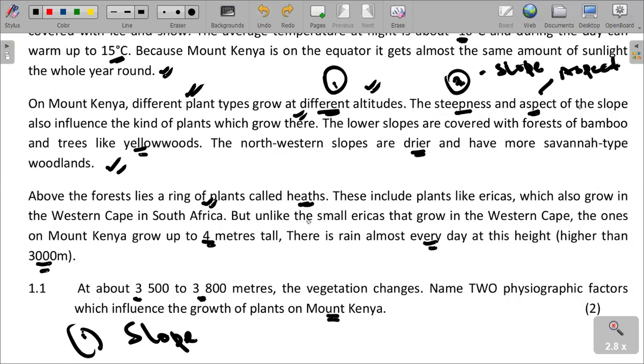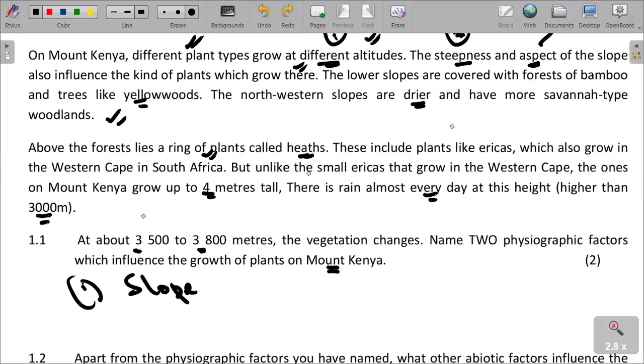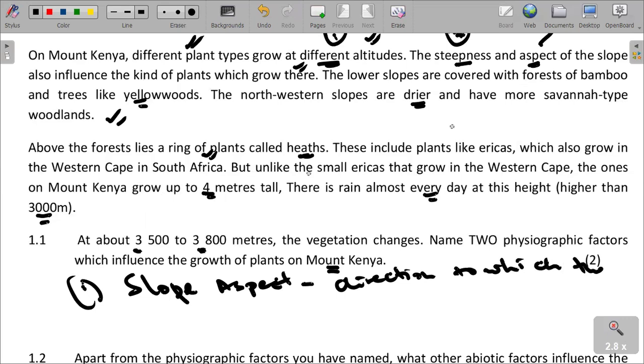So slope aspect is what we will need to look at. Slope aspect, which is the direction the slope faces, is one of the factors that is influencing the vegetation in Mount Kenya, according to what we've marked in paragraph 2.